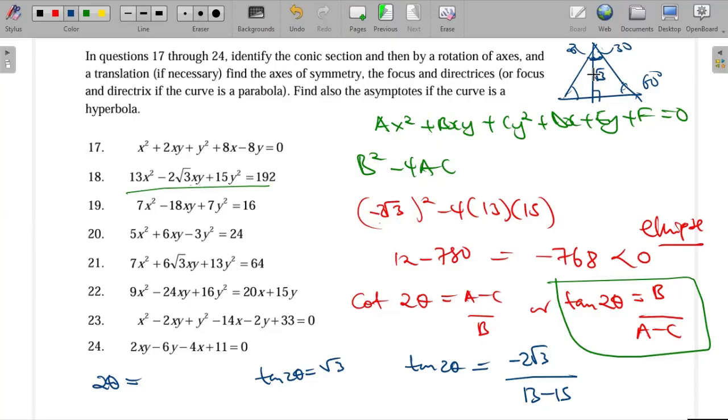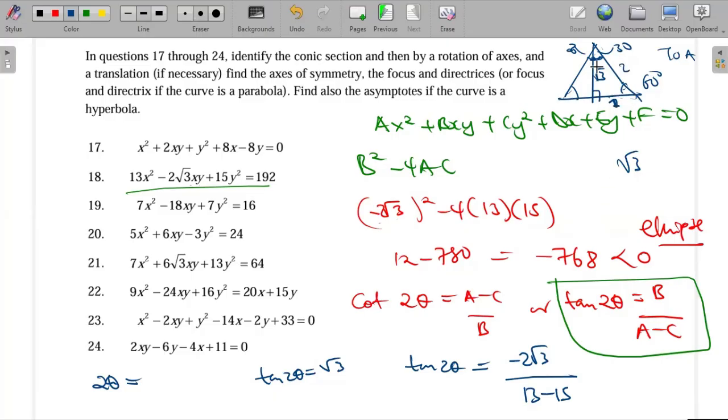So tan is opposite over adjacent. Your opposite side of this angle is this side, which is 1, and your adjacent is root 3. So we said opposite, so this whole side should add up to 2.